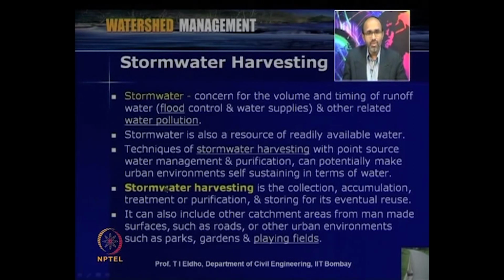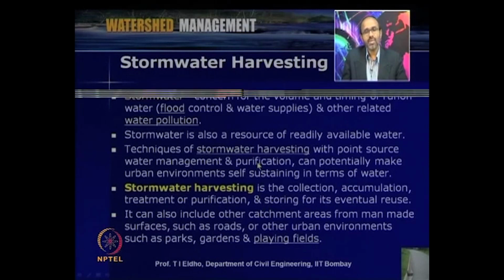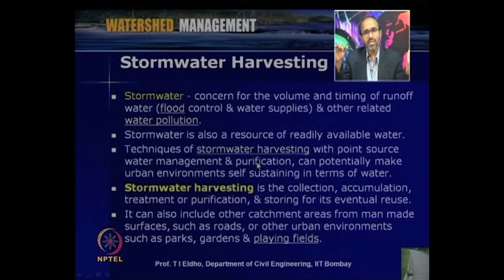Stormwater harvesting is very important, and it can also include other catchment areas from man-made surfaces such as roads, or other urban environments such as parks, gardens and playing fields. In all these areas we can capture the stormwater, treat and purify it properly, and directly utilize it, or recharge it to the aquifer systems.